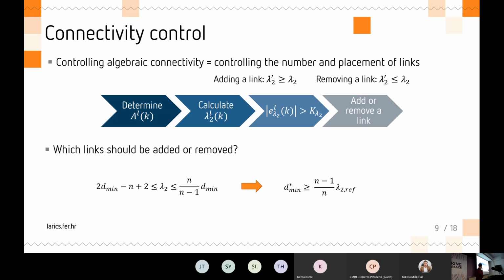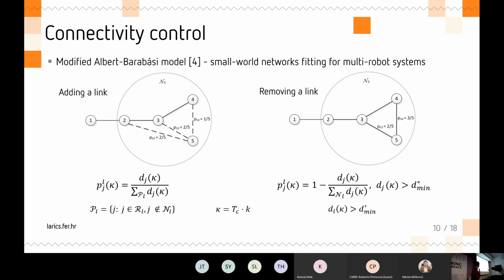This dead zone is used because lambda 2 is not continuous in terms of links, so there may be some values that cannot be reached. So we use one of those expressions for upper and lower bounds and determine the minimum degree each node has to have in order to be able to achieve this reference value, which will be important later on.